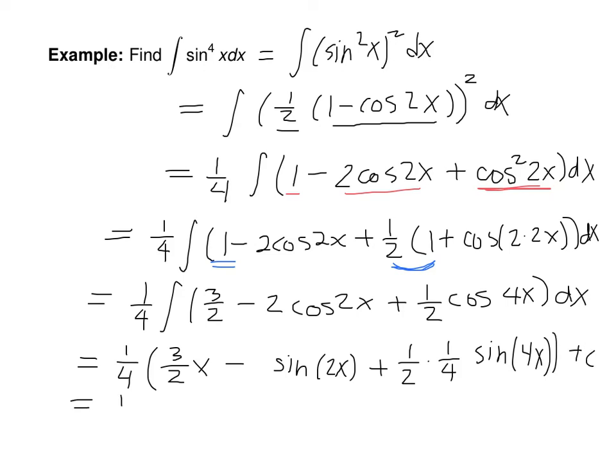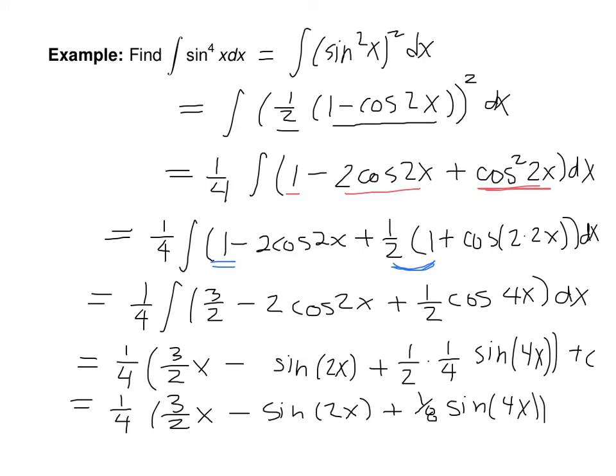So the final answer is 1/4 times 3/2 x minus sine of 2x plus 1/8 sine of 4x plus c.